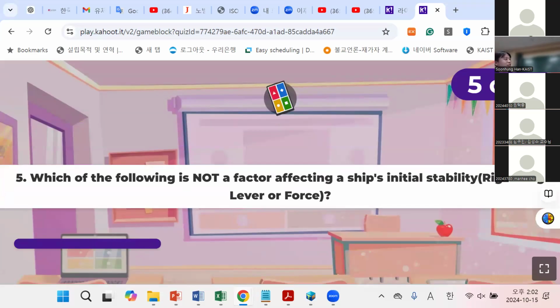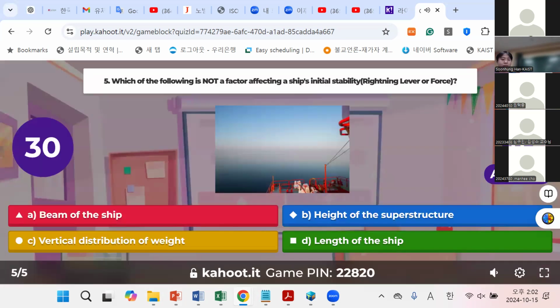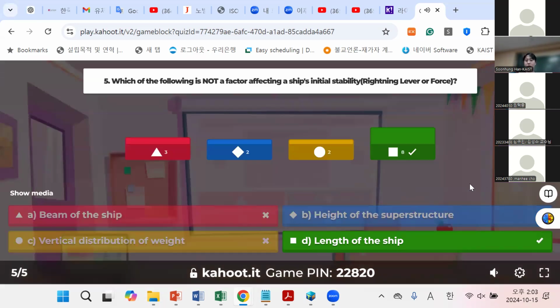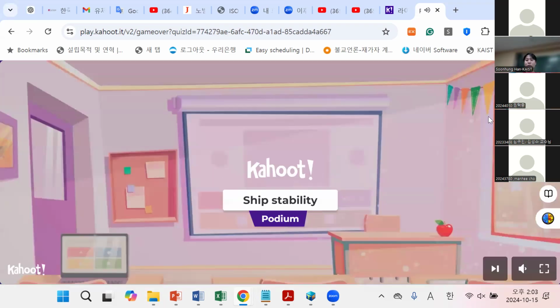Next question. So the ship is not a factor of the function.